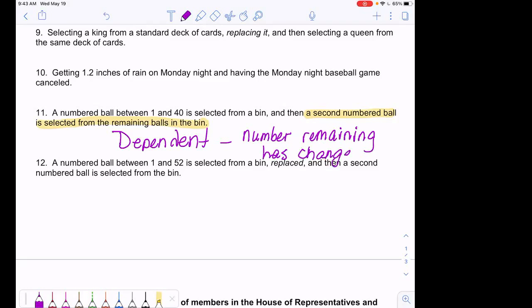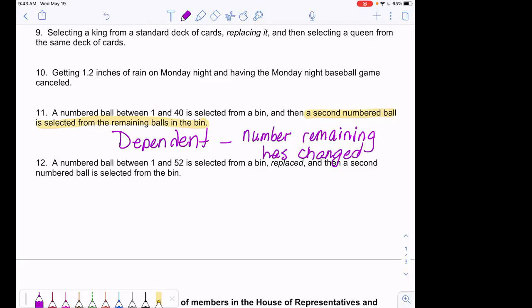We started with 40. If you take one out, now you have 39. So I don't have the same number that I started with, therefore it's dependent. There has been a change. The first pulling of the ball has changed my options for the second time I go.